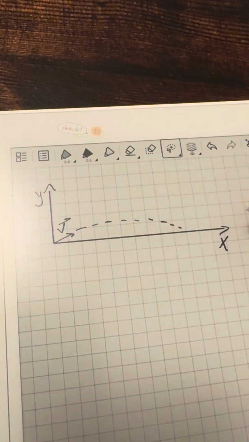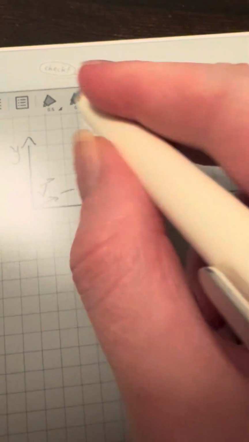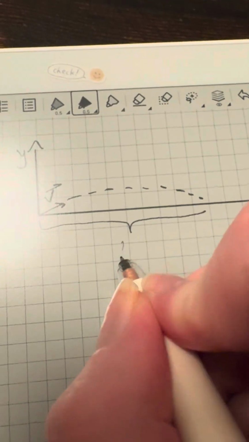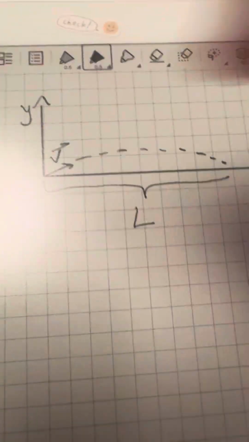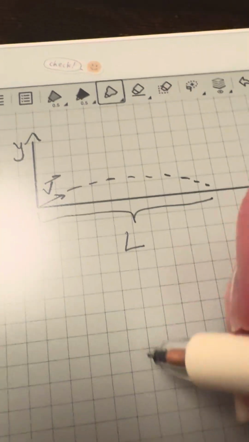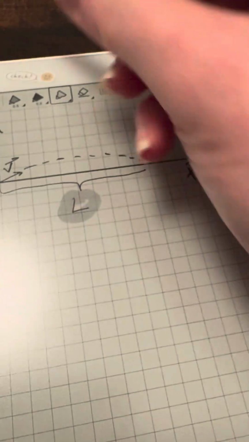Okay, so we have the x-axis, we have the y-axis. We have these, which becomes length, and which is gonna be what we're looking for. This is time 0, the initial.